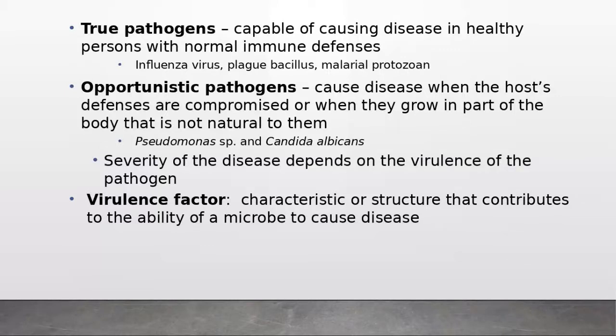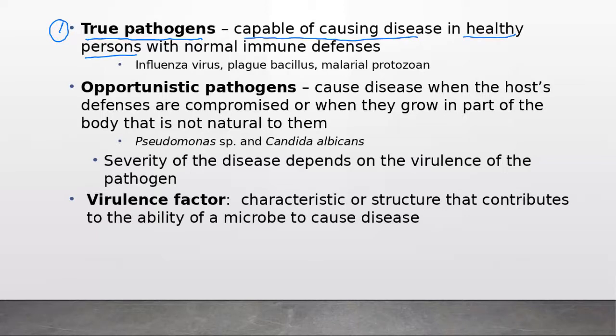Okay, so the pathogens can be divided into two types. The first one is called the true pathogen. So a true pathogen is a microorganism that is capable of causing disease in healthy persons. Like for example, flu.